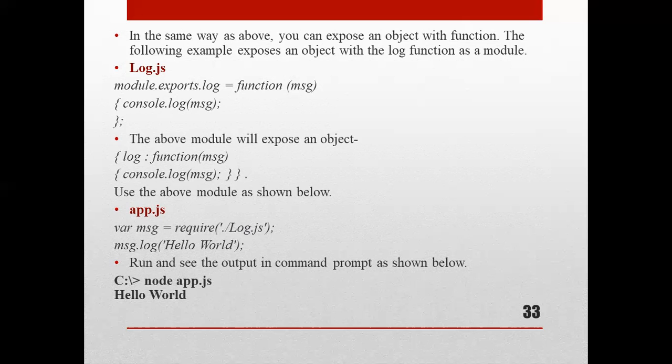Using the message variable, message.log. In brackets we pass the message, which is hello world, and it will be passed to the log module. message.log means that in this module we are going to print that message. So after running this app.js, it will print the hello world message.